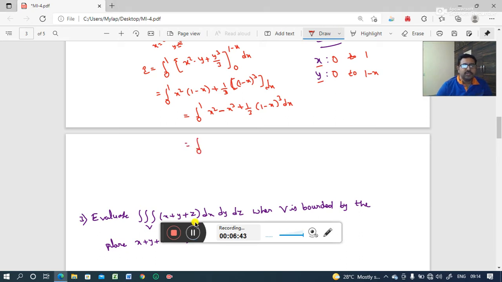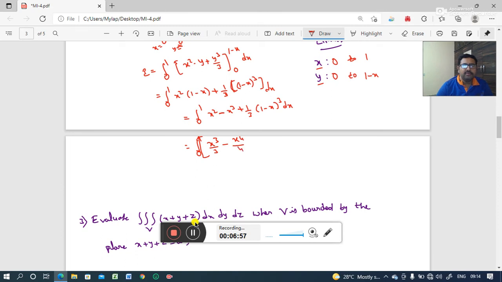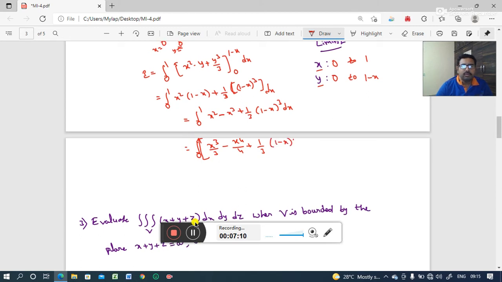So this equals the integral from 0 to 1 of x square; integration with respect to x gives x cube by 3, minus x cube integration gives x power 4 by 4, plus 1 by 3 into 1 minus x whole power 3 integration gives 1 minus x whole power 4 by 4 into, here the x is multiplied by the constant term minus 1, therefore in the denominator you are getting minus 1.